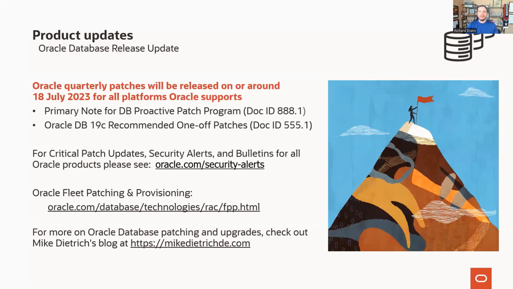If you are a Real Application Clusters customer, if you're using RAC, check out Fleet Patching and Provisioning as a way to create gold images and hopefully improve your patching process for grid infrastructure and database. And then, as always, Mike Dietrich is the man. Go check out his blog at mikedietrichde.com for information around patches and upgrades to the Oracle installation.